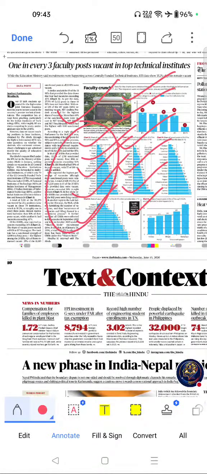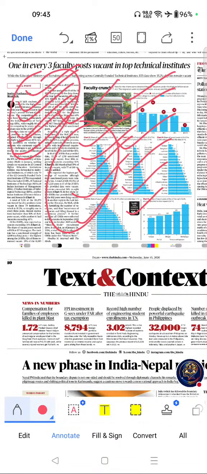Move on to key themes related to this topic: National Education Policy, faculty shortage, human capital, research ecosystem, institutional governance, and higher education reforms. These are the key themes related to this topic.